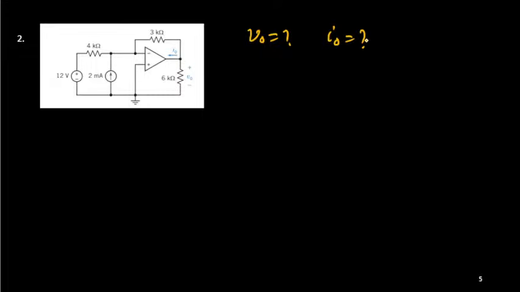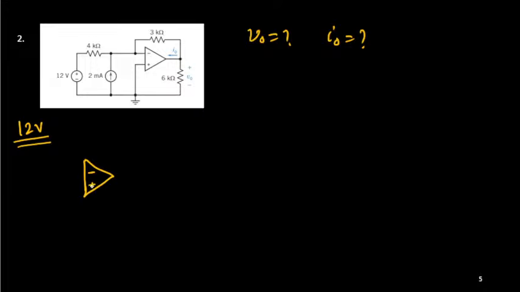Okay, so again you can use superposition principle because we are having two sources, 12 volt and 2 milliampere sources. So if we are having 12 volt source one at a time, so what is the circuit? Can you read out the circuit? That is very simple. We'll draw in the similar manner.